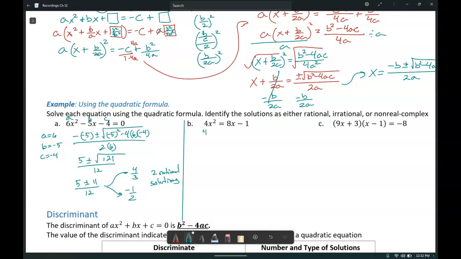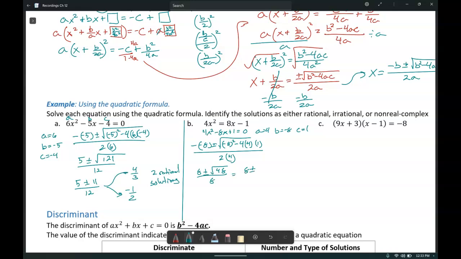Here we need to get it in standard form, so we need to subtract 8x and add 1. So a is 4, b is -8, and c is 1. We have negative b plus and minus the square root of b squared minus 4ac all over 2a, which simplifies to 8 plus and minus the square root of 48 over 8.